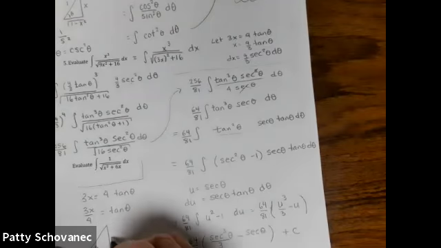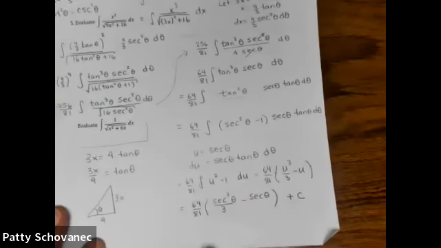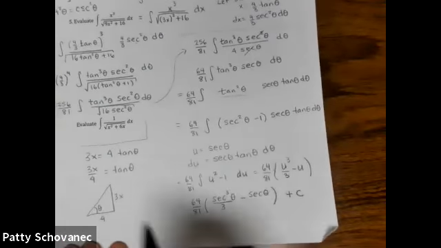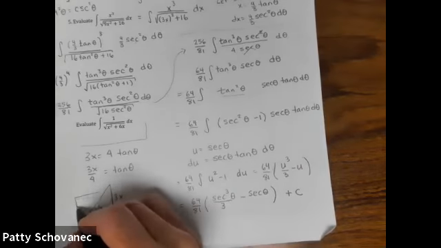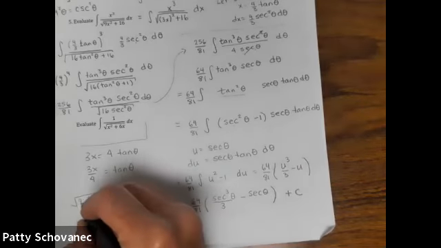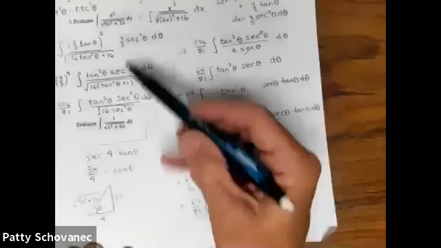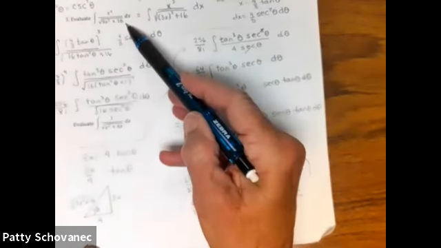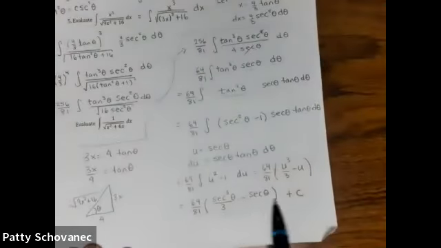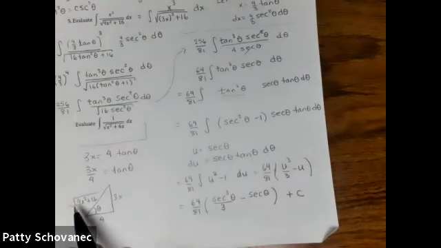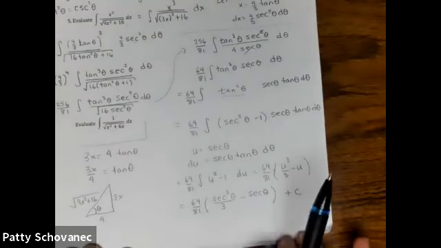Tangent is opposite over adjacent. And so leg squared plus leg squared is hypotenuse squared. Gives me that this side is the square root of 9x squared plus 16. Again, what we had up here. But we can get the secant of theta by taking hypotenuse over adjacent.